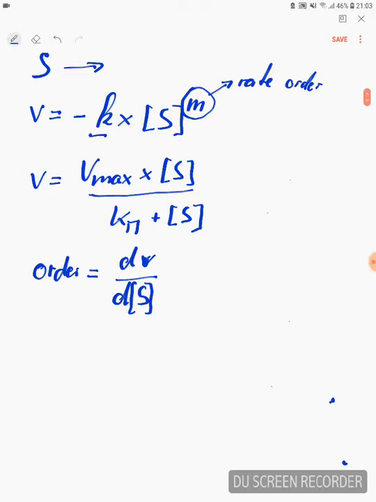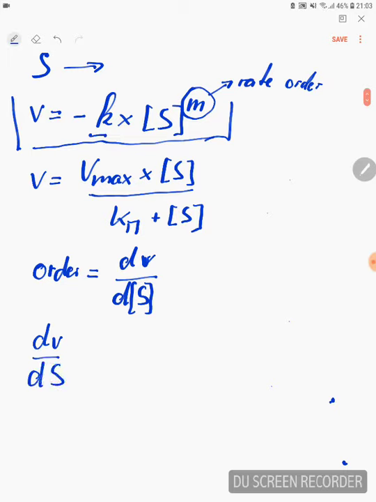Now, obviously, we can do that for this very simple example that we had before. What we need to do is find the derivative, so dV over dS, of this equation here.